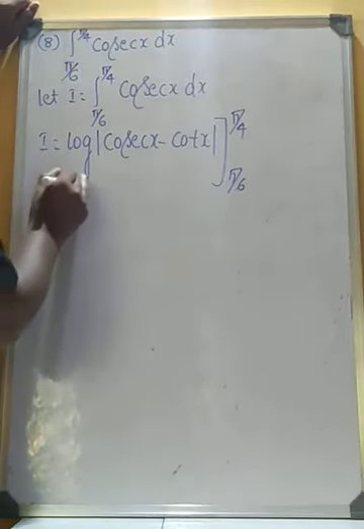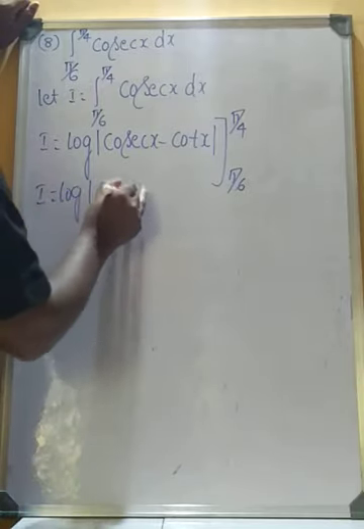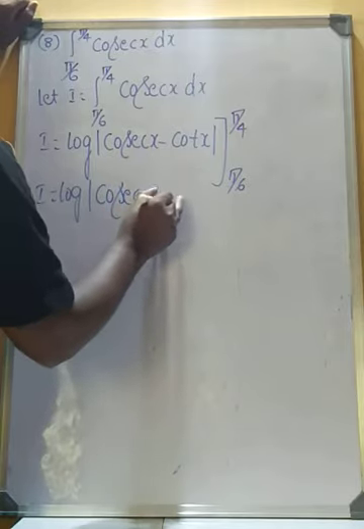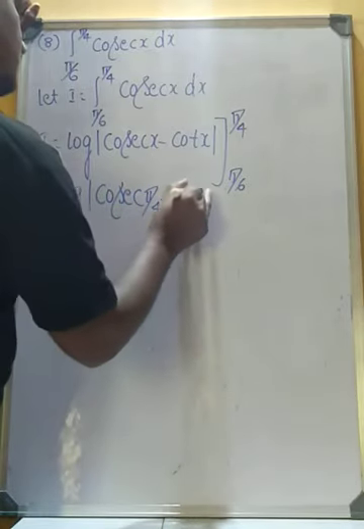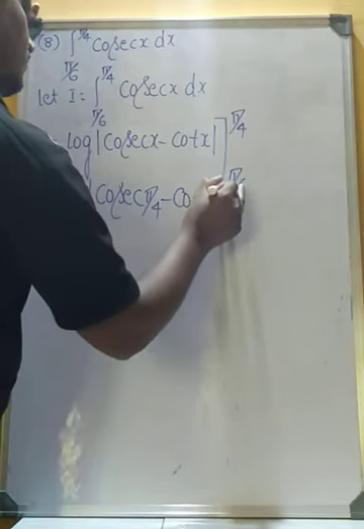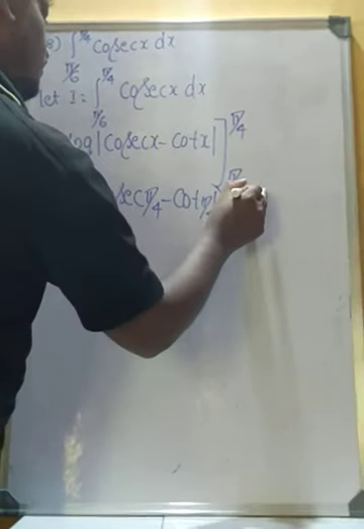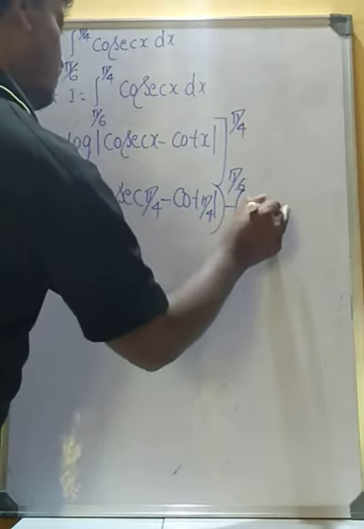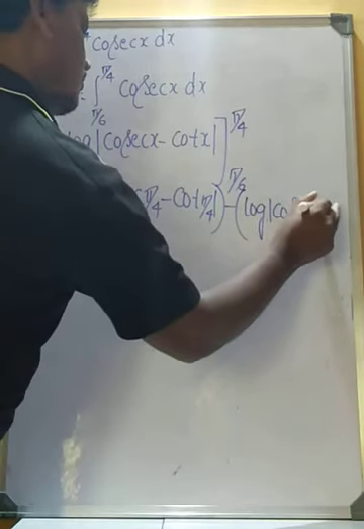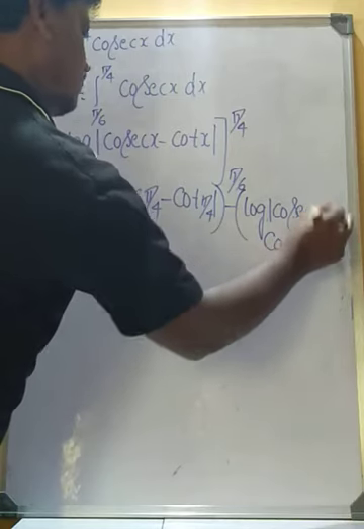Therefore, I is equal to log of mod cosecant x, x is pi by 4, minus cot pi by 4, minus log of cosecant pi by 6 minus cot of pi by 6.